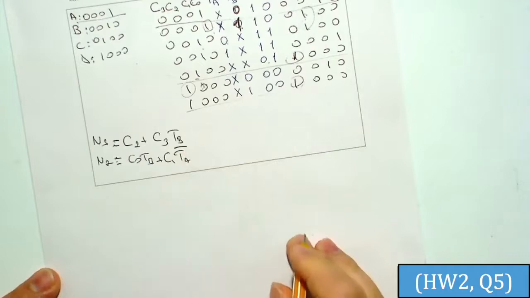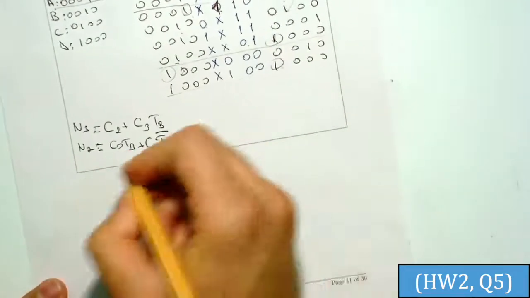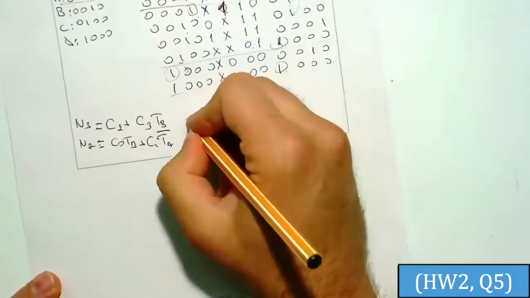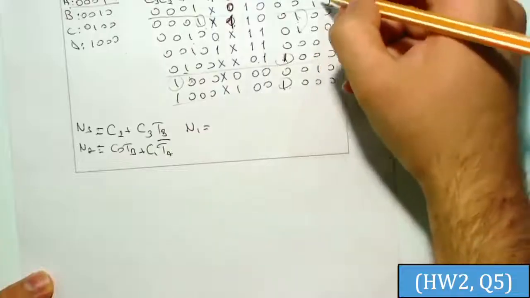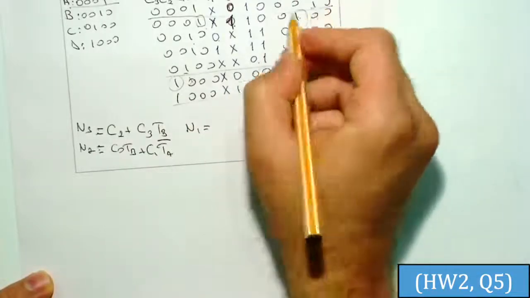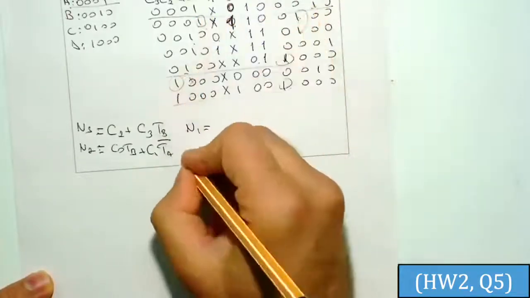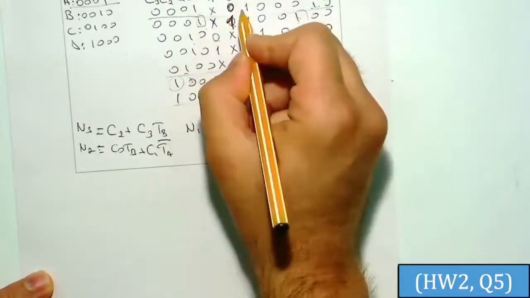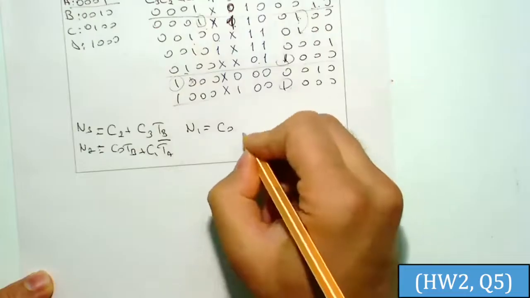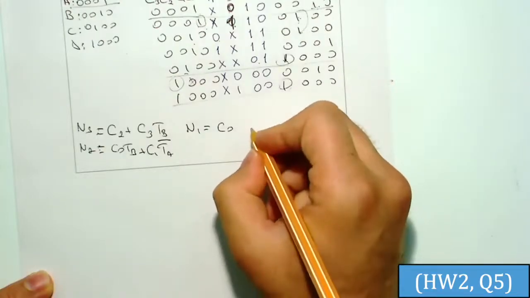So TA not. Let me check it again. Yeah, TA not. Okay. So for N1, I have N1 1. This means that C0 is 1, and I have TB as 0.